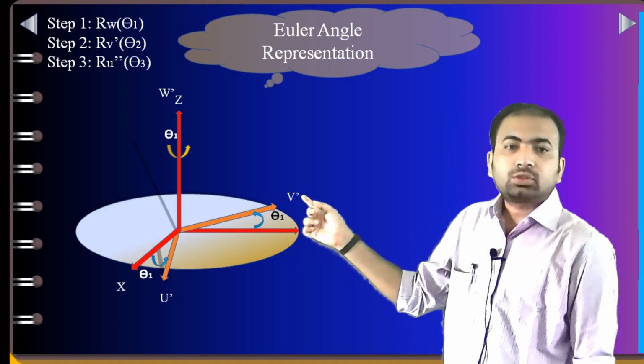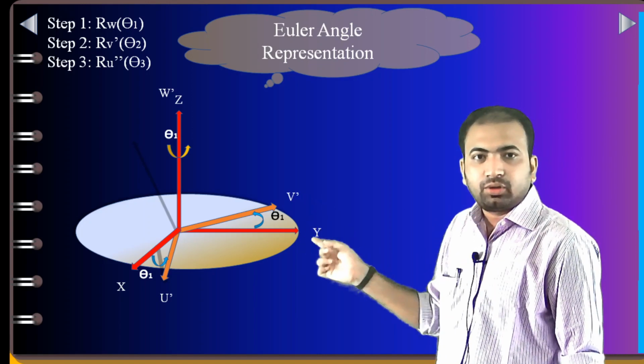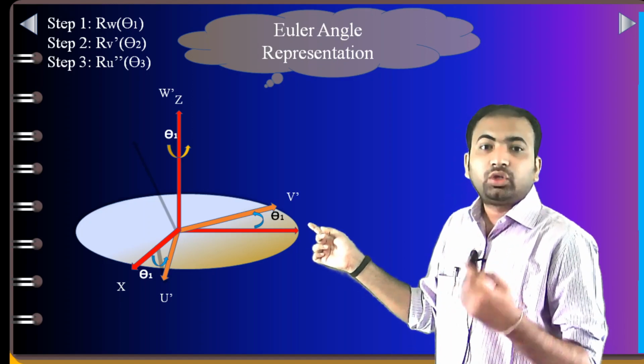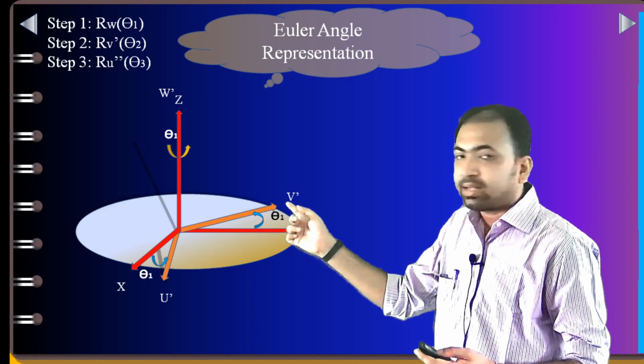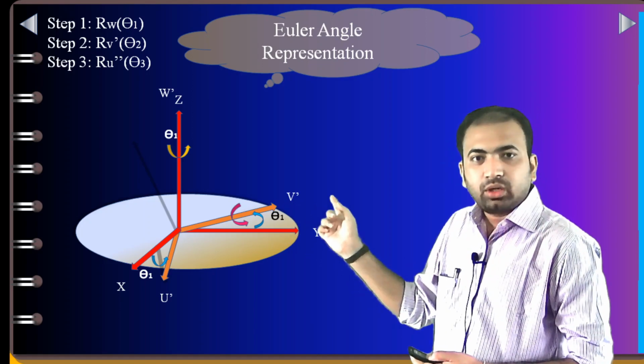In the previous case, next we rotated the y axis, but as mentioned here, we are going to rotate about the newly constructed v dash axis, by an angle theta 2. So this is what we are going to do, okay.